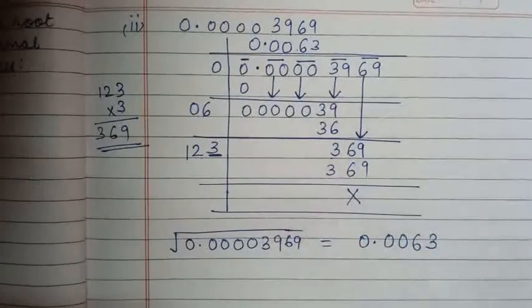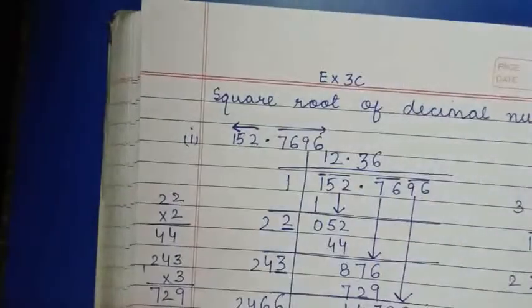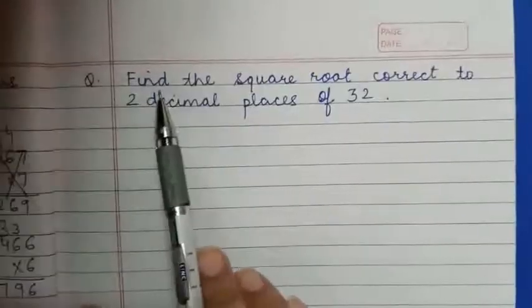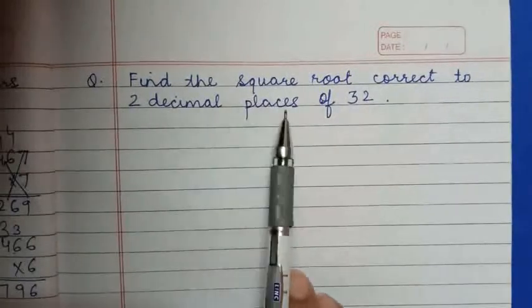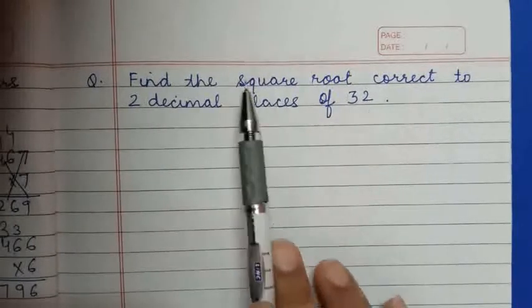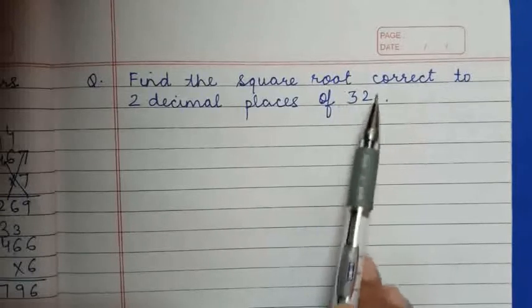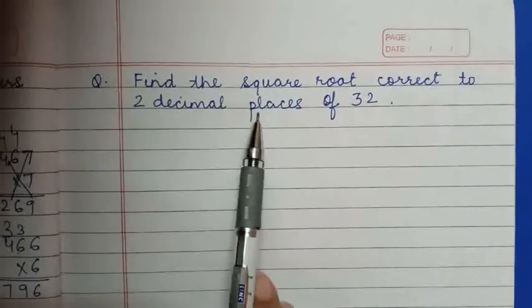Fine. So the next question is: find the square root correct to 2 decimal places of 32. We have to find the square root of this number 32 correct up to 2 decimal places.